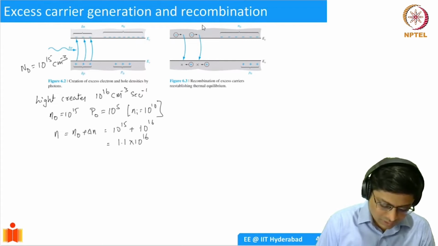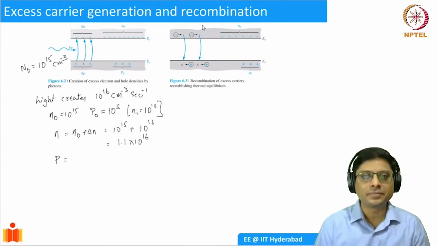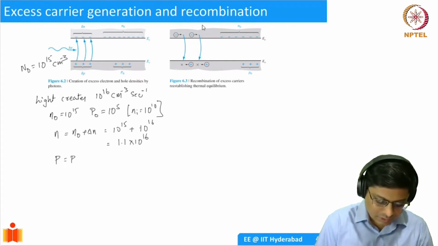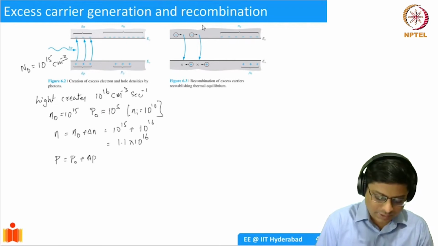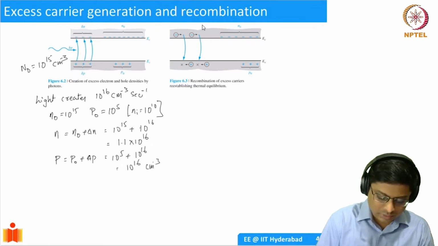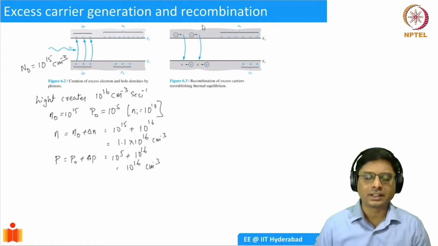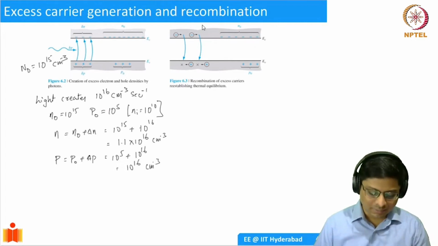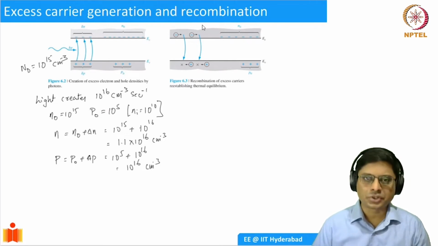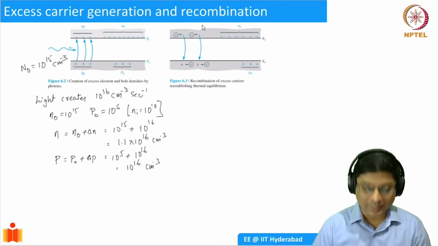Similarly, what will be P, the total hole density? It will be the equilibrium density P0 plus delta P. In this case, the equilibrium density was 10 power 5 plus delta P of 10 power 16, so this is going to be equal to 10 power 16. So what you notice is that by choosing my external stimulus, I am able to create a lot of minority carriers.